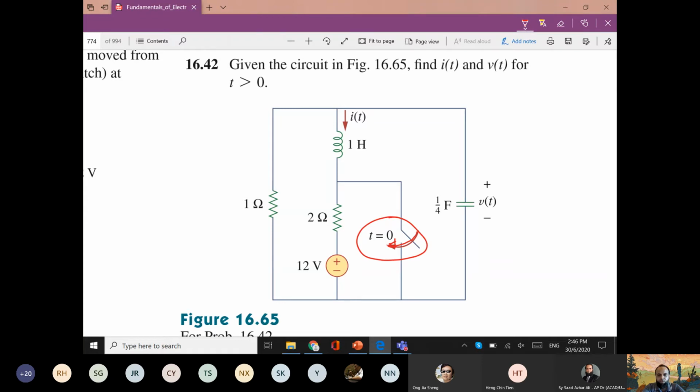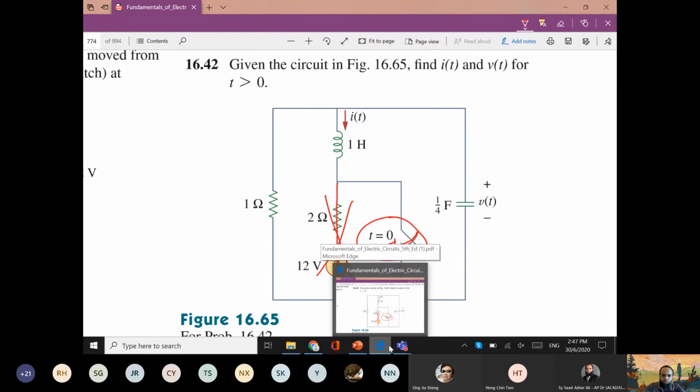What will happen to the circuit when the switch is closed? Short, yes, it will be a short circuit, very good. So a short circuit means that this segment is gone, right? This segment is gone.